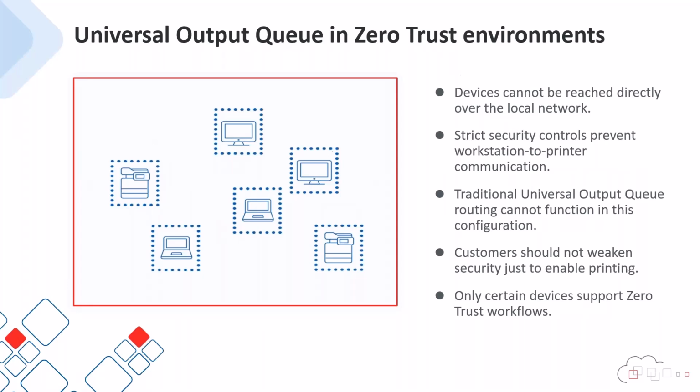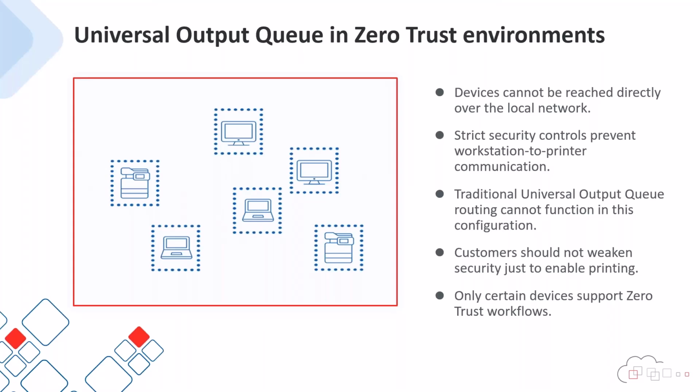Okay, so for those of you that aren't too familiar with the zero trust environment, basically it blocks direct workstation to printer communication. Any device that is on the network, they just can't speak to each other. It's unreachable. Now this stops the normal universal output queue workflow if a customer is within the zero trust environment.